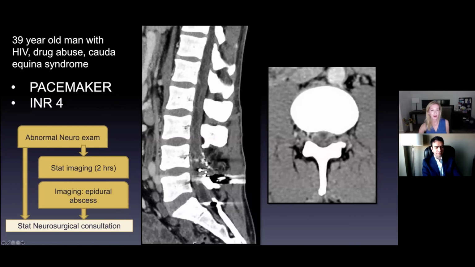Now, I might have done it anyway if it's an emergency, but 1.5 INR is the cutoff if you want to order a lumbar puncture or a myelogram for one of your patients. Usually they can be corrected. So again, if it's an emergency, some of us will do it, but if you can correct to 1.5, that's our cutoff. That's for any kind of interventional radiology procedure, a lot of the other procedures. So this person got a CT with contrast to evaluate.